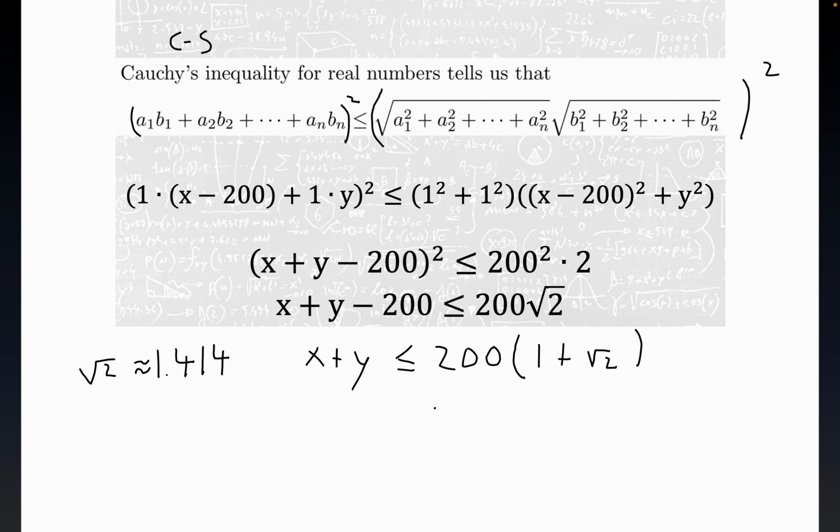All right, now this would be less than or equal to 2.414 times 200. I wrote that kind of backwards here. Sorry, y'all, but anyway, it's no big deal. Remember, multiplication is commutative.